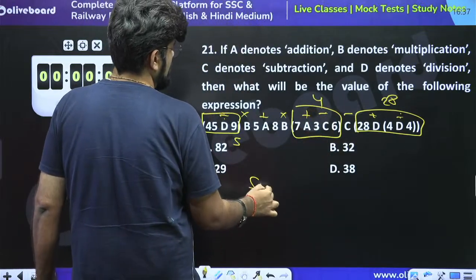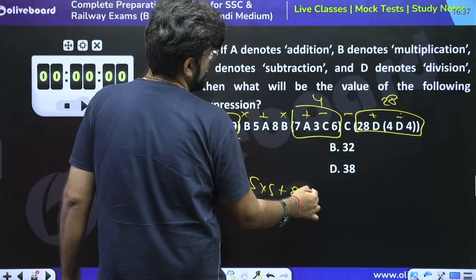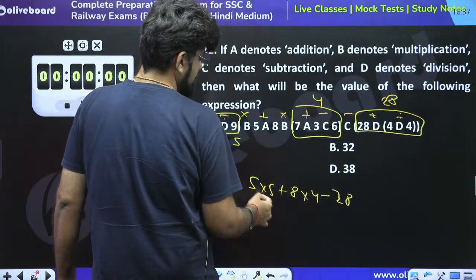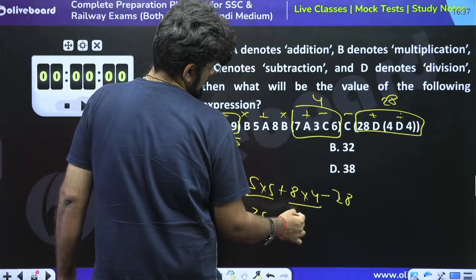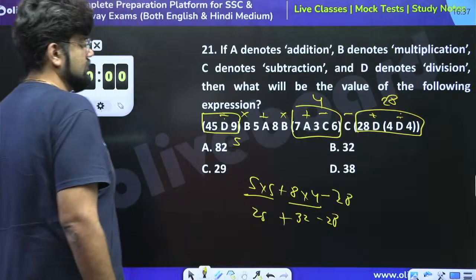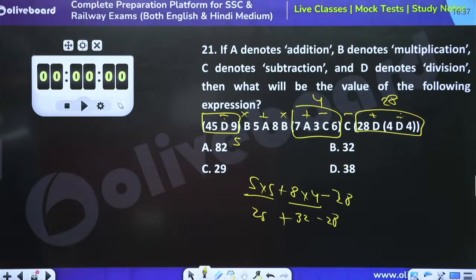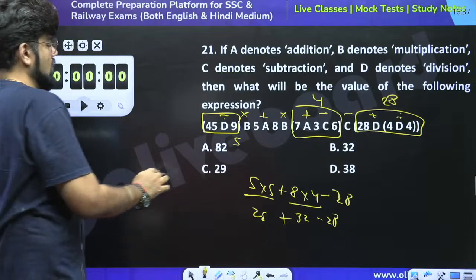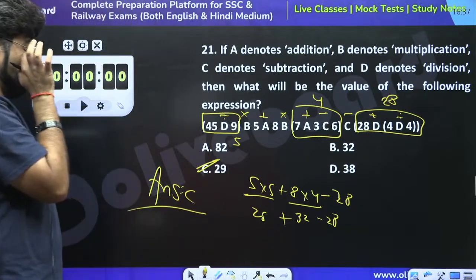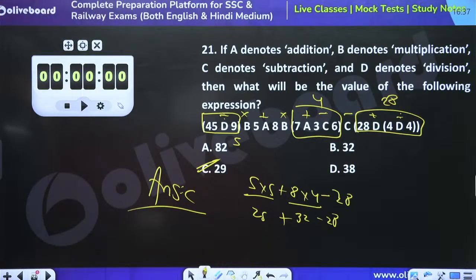This is 5 into 5 plus 8 into 4 minus 28. 25, 32, 28. 57 minus 28 is 29. Cool.